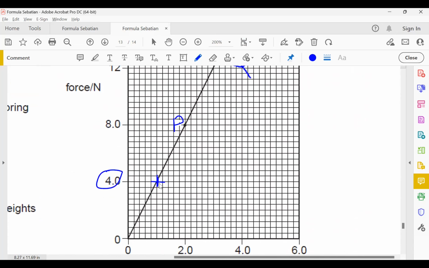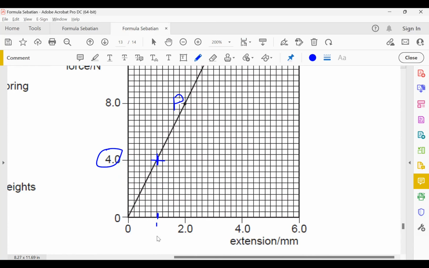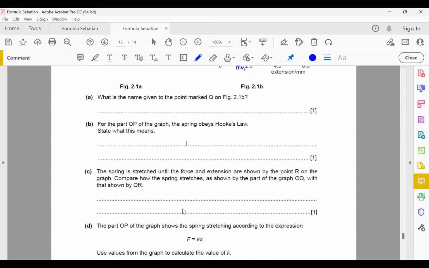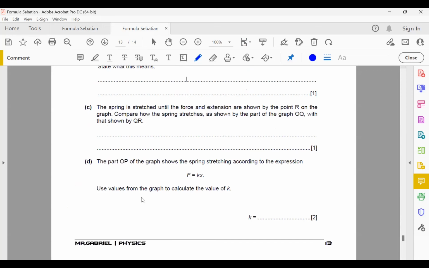This one will be exactly 4, and then the extension will be, I think, 1, right? 1, 2, 3, 4, 5. Yeah, exactly 1 here. But bear in mind, this is in newtons and this is in mm. When you write your answer down, you know that F equals kx, so k would become F over x.